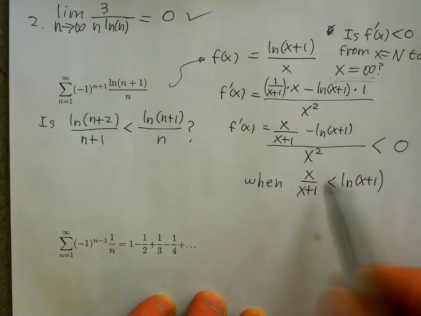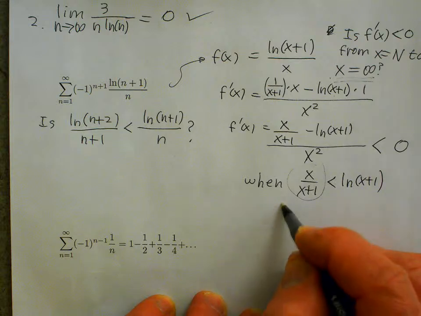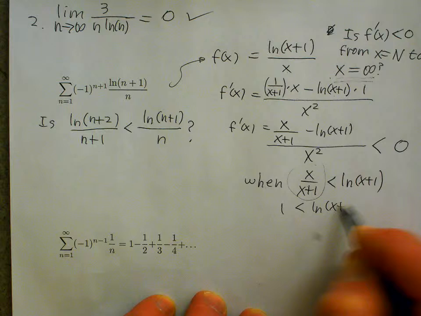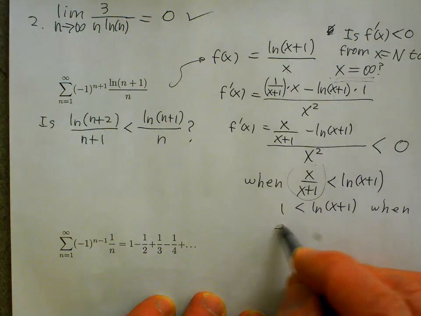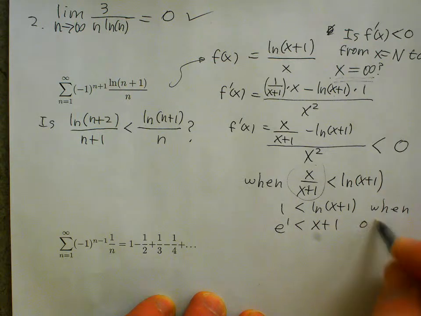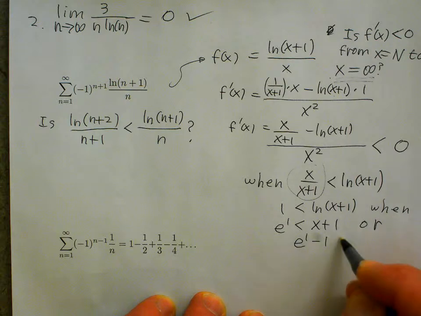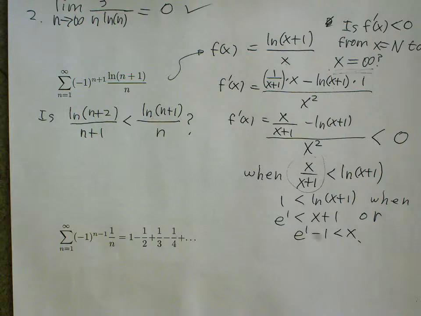So if we just allow this to be 1, and then solve this inequality, 1 is less than the natural log of (x plus 1) when e to the first is less than x plus 1, or e to the first minus 1 is less than x. So as long as x is greater than e minus 1, or about 1.7, the derivative is negative.